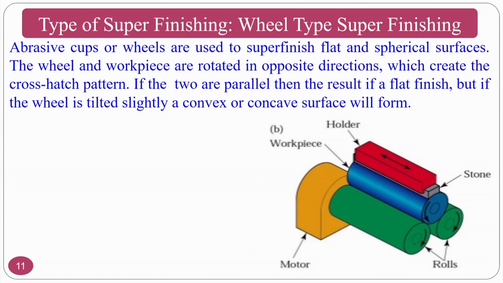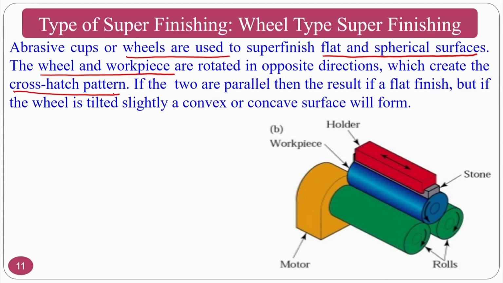The second type is the wheel type of super finishing process. These abrasive cups or wheels are used to super finish flat and spherical surfaces. Normally, cups and wheels are used here to super finish flat as well as spherical surfaces. Okay. So, the wheel and the workpieces are rotated in opposite directions, which creates a crosshatch pattern.